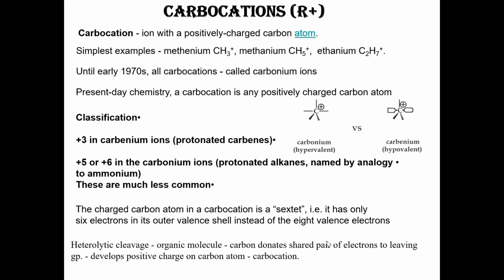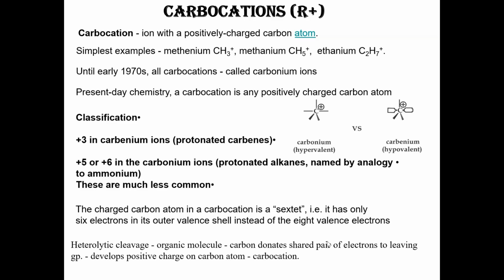How are these carbocations formed? Carbocations are formed during heterolytic cleavage. What is this heterolytic cleavage? Heterolytic cleavage is one where the cleavage of the bond occurs in which one atom takes away the electrons and goes, leaving the other electron deficient.